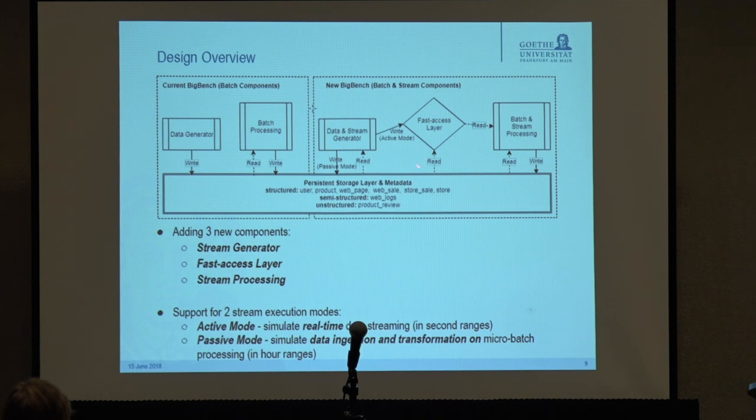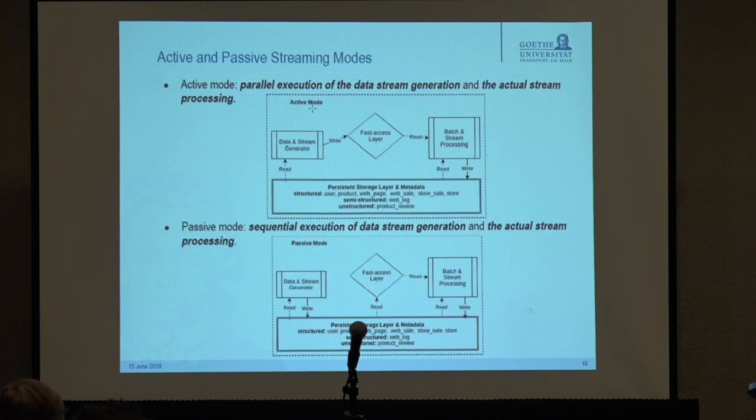In addition to that, we defined two modes: active mode and passive mode. The reason for this is to target the different types of streaming that we have, and also to make sure that our stream is deterministic and not influenced by any other factors.